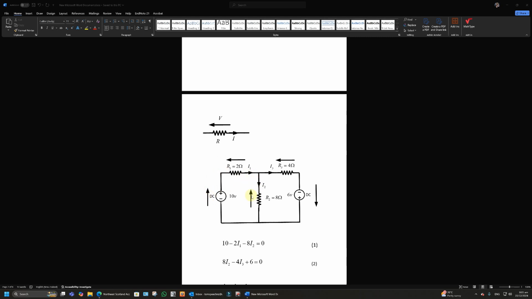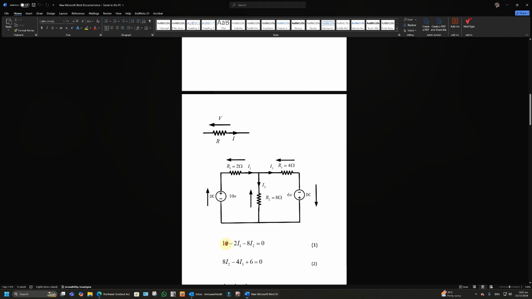And the same with this one, because it's head to tail. Sorry, this one's going to be 10 minus I1 R1, or 2I1. And it's going to be minus again because it's head to head of that one. So these two add up together because they're head to tail, and that one's the opposite polarity.